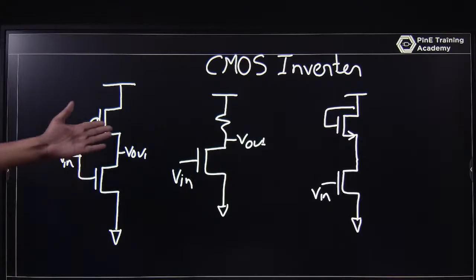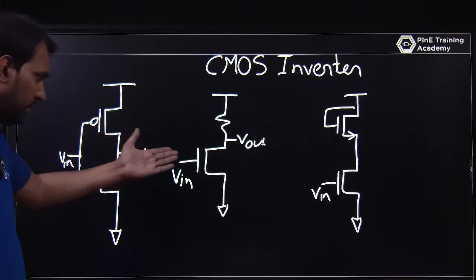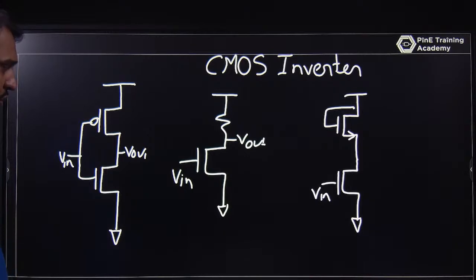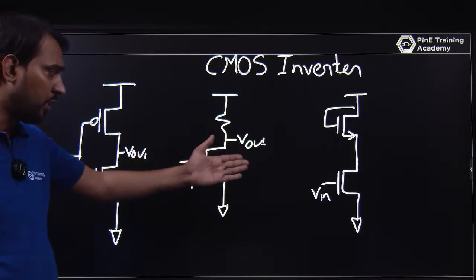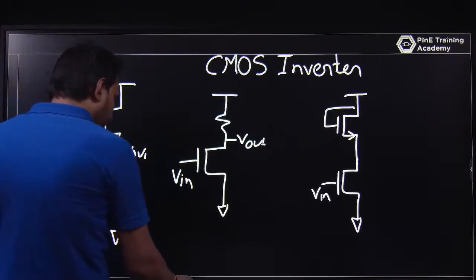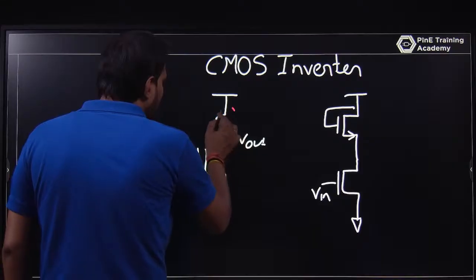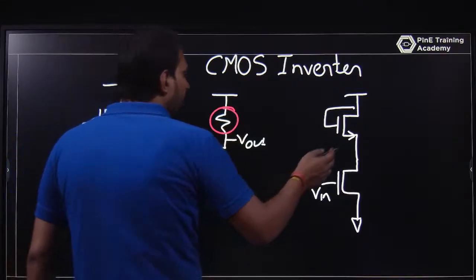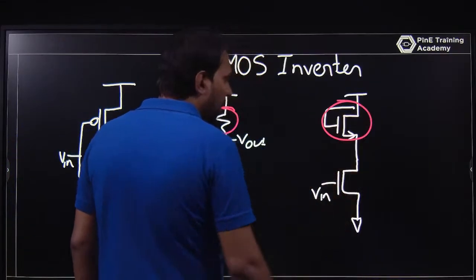Of course, this type of circuit has some problems, so we are not preferring it. We prefer the CMOS type. Why? Because this other circuit has a resistance and an NMOS, and it draws some current.